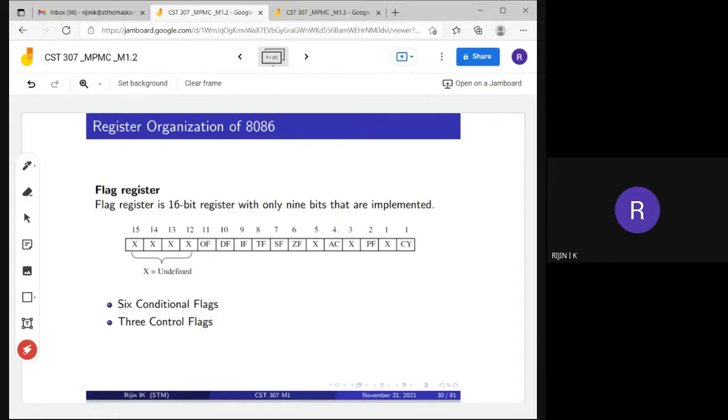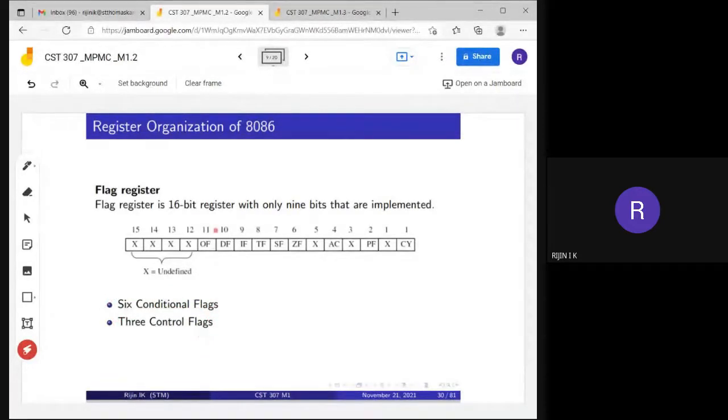That means there are 9 flags in the 8086 microprocessor. We can divide the 9 flags into 2 categories: 6 conditional flags and 3 control flags.